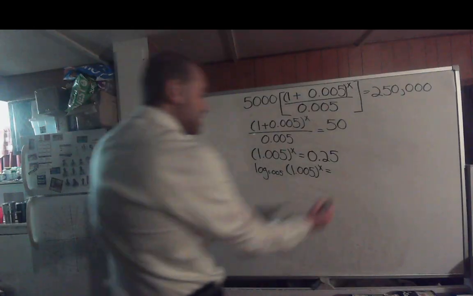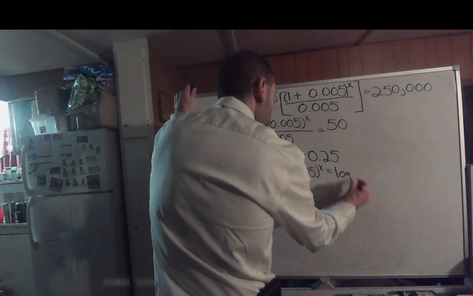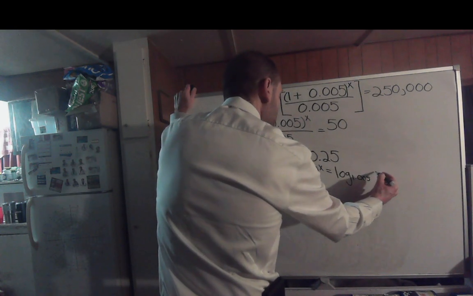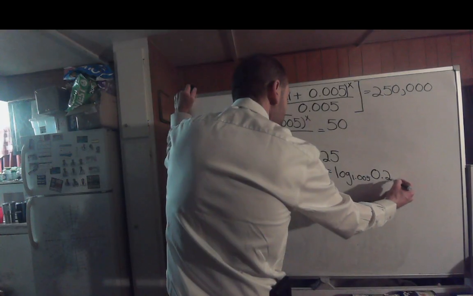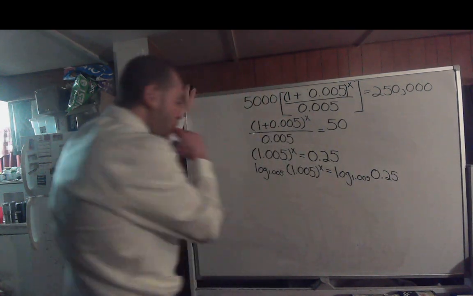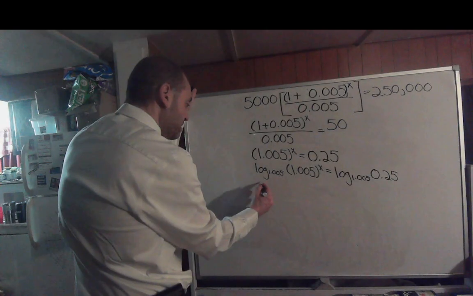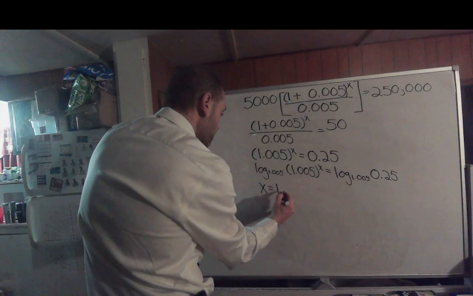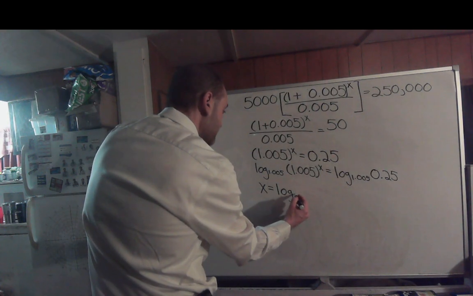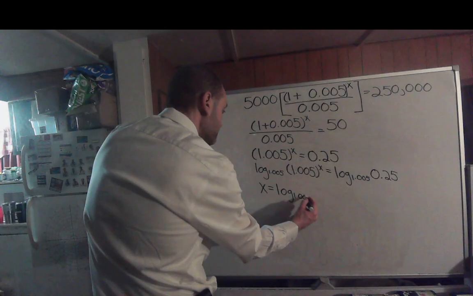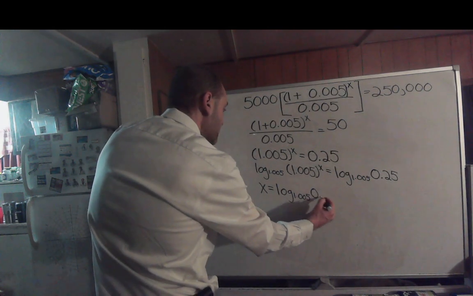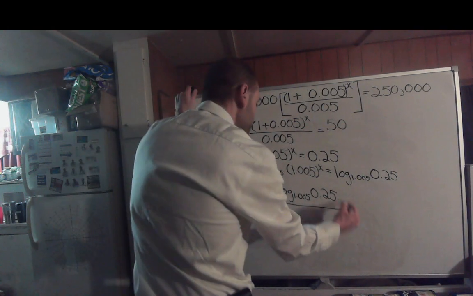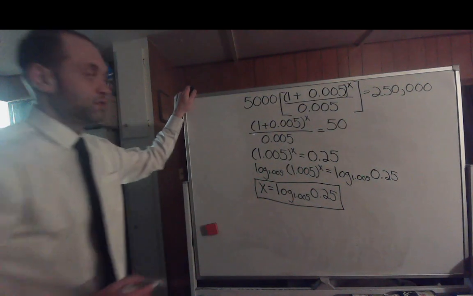We're going to set that equal to log base 1.005 of 0.25. So the left side would just become x, and for your exact solution, that's what you're going to be left with on the right hand side, log base 1.005 of 0.25. That is going to be your algebraic exact solution.